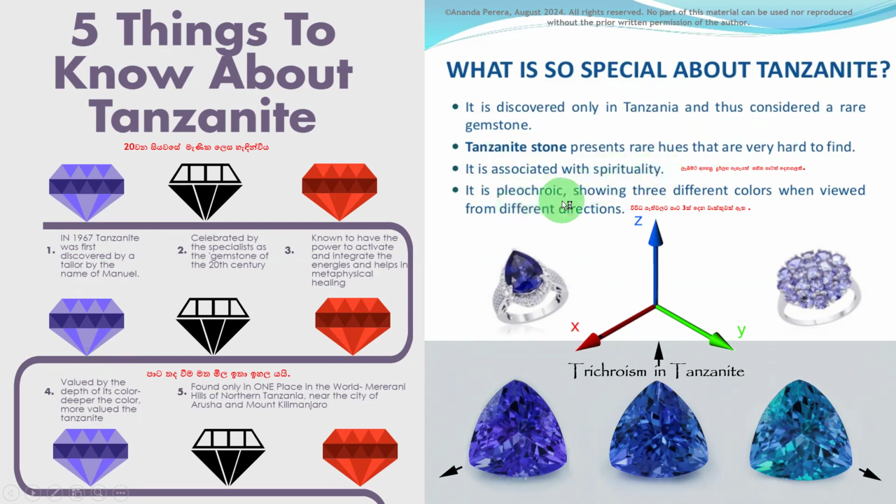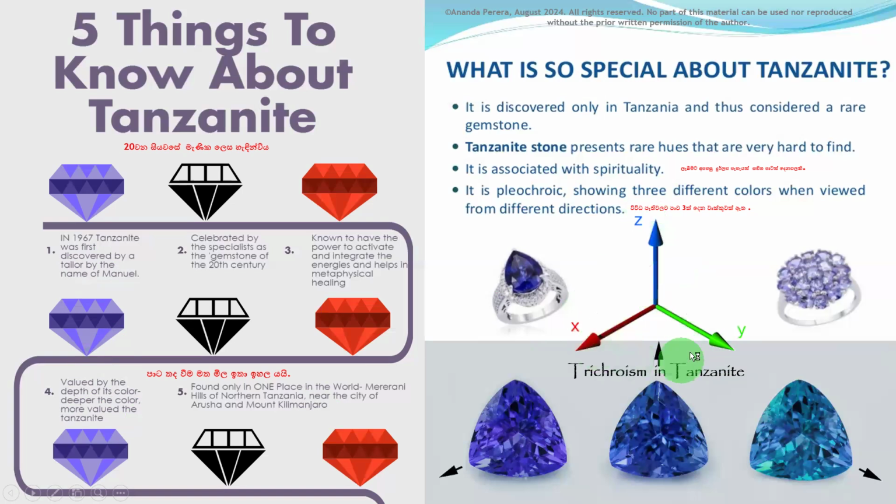It is pleochroic, showing 3 different colors when viewed from different directions. These are the directions: z-axis, x-axis, y-axis. You know that between the x and y-axis, the angle is 90 degrees. Between the x and z also 90 degrees. Between the y and z is also 90 degrees.